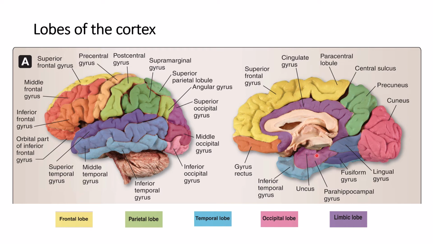This is the parahippocampal gyrus, and the uncus is part of the parahippocampal gyrus here. You can see the lingual gyrus, part of the temporal lobe, the fusiform gyrus, and the inferior temporal gyrus, which was this one.